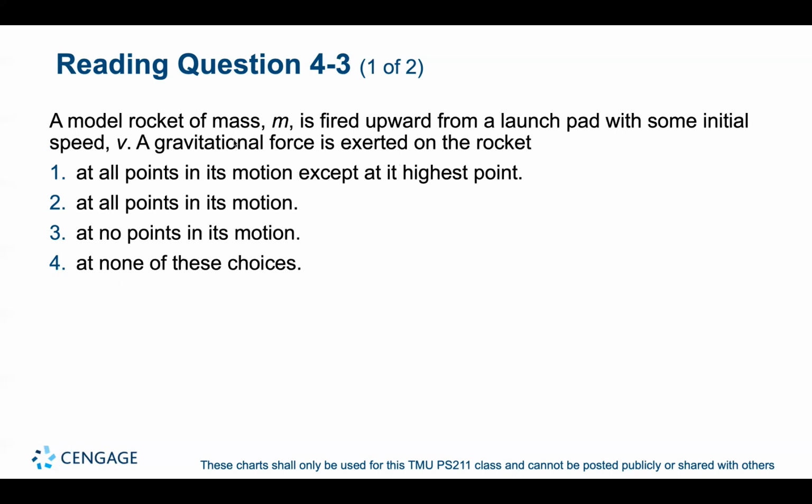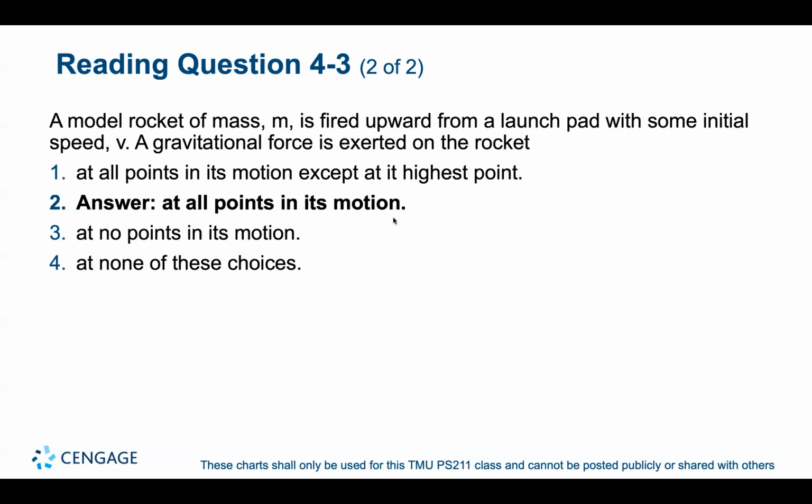A model rocket of mass m is fired upward from a launch pad with some initial speed v. What can we say about the gravitational force exerted on the rocket? This is going to be true at all points in its motion. It's only if you got far enough from the Earth that you wouldn't have this gravitational force, but that's going to be gradually decreasing the higher it goes up.